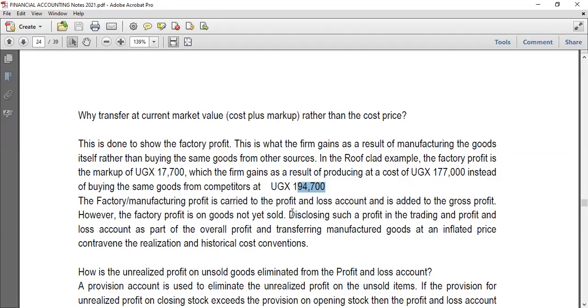So what they are telling us is that, of course, we should disclose this profit in the trading and profit and loss account as part of the overall profit. And then transferring manufactured goods at an inflated price contravenes the realization and historical cost convention, okay?